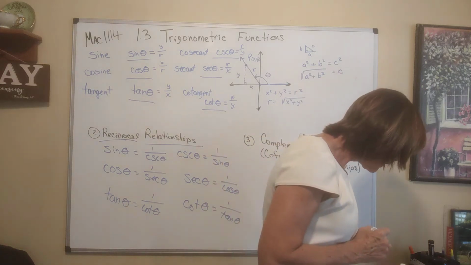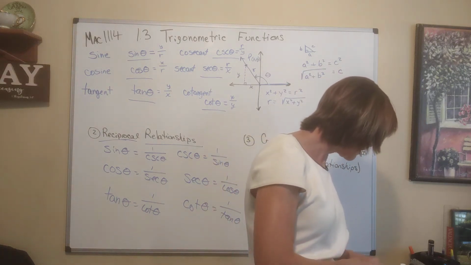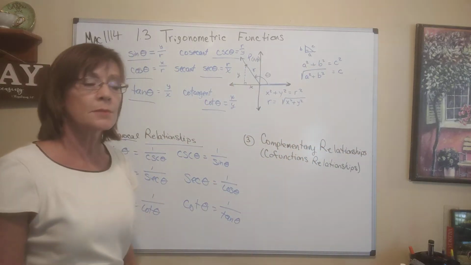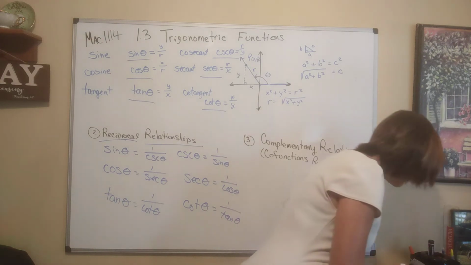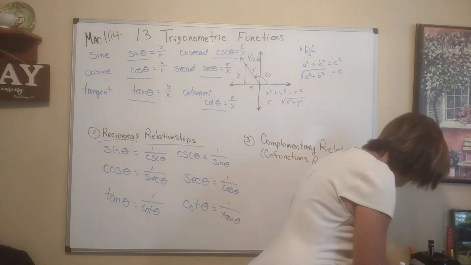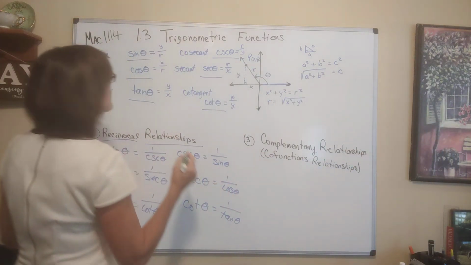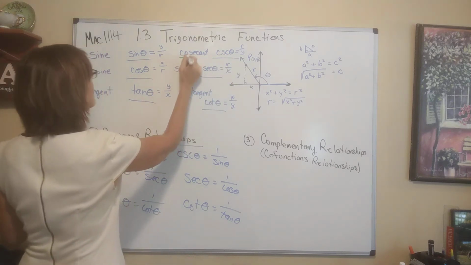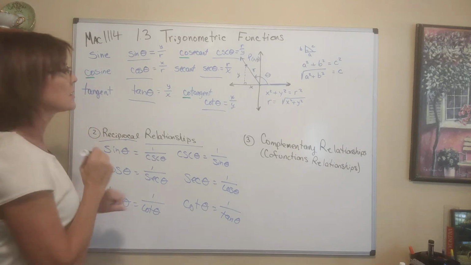Okay, now here are the other relationships I want us to know, cofunction relationships. Here is another way that these trig functions can relate to each other. If you notice this, there's a little co right here, and a little co right here, and a little co right here.